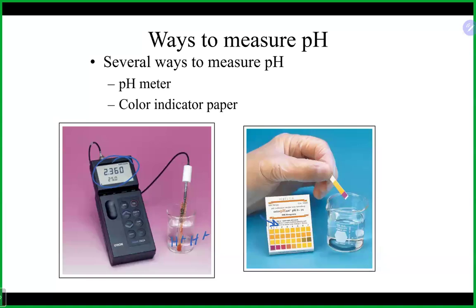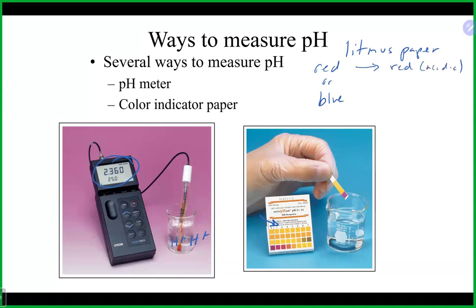A couple other ways that we determine if a solution is acidic or basic, which will not tell us the pH, is litmus paper. Litmus paper is typically either red or blue. They also have neutral litmus paper as well. Basically, if you put your solution on the litmus paper and it stays red or turns red, that usually means the solution is acidic.